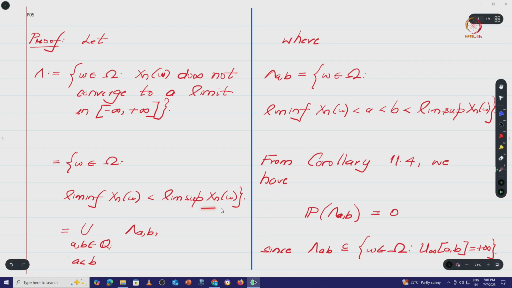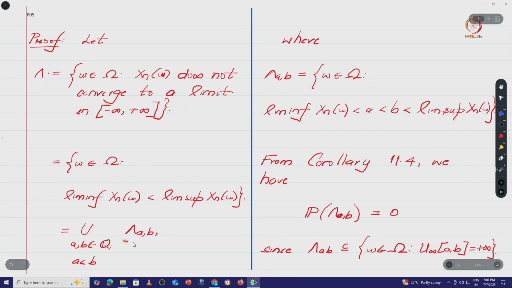Because your lim_inf and lim_sup have this strict inequality relation, I hope you agree that we can squeeze in two real numbers A and B such that this relation holds. So we are saying take all these omegas and break it up into this union, so that whenever this inequality holds, you can find two numbers A, B such that it holds, and you can put all of them together.